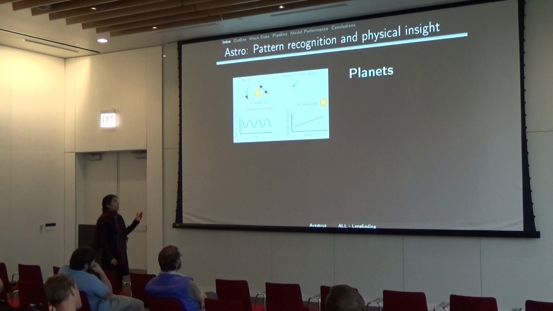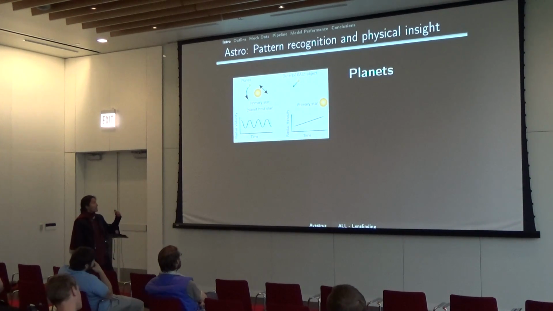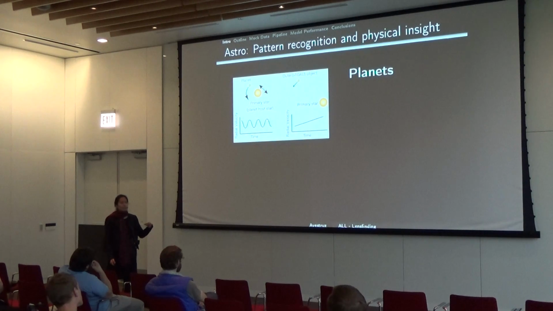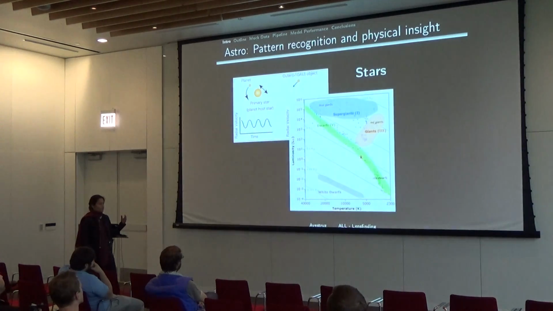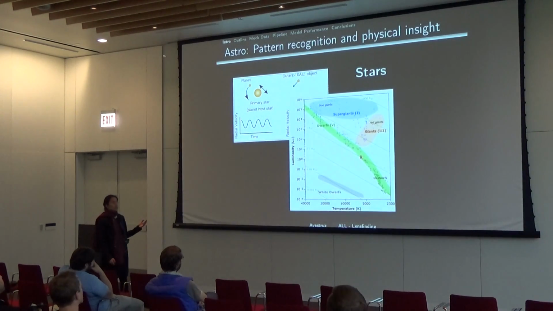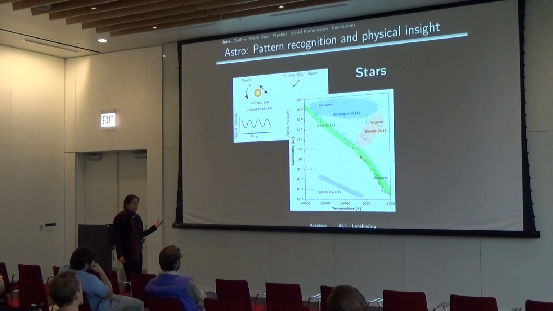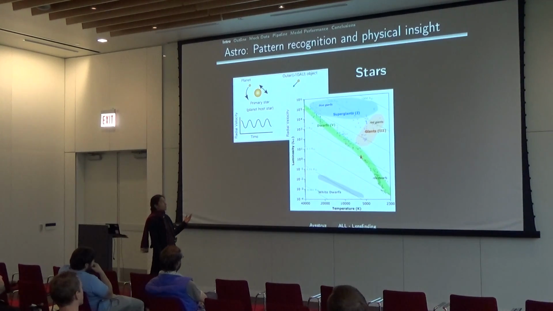For instance, in planetary science, you might look at some time variability in order to figure out what's physically going on in a planetary system that's orbiting a host star. This pattern recognition and physical insight is also inherent in people who do the theory behind stars, and you can categorize stars by looking at what's known as an HR diagram.